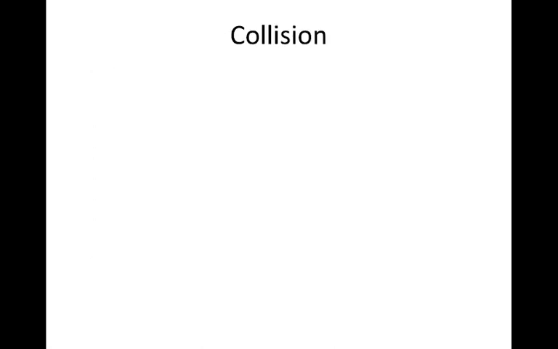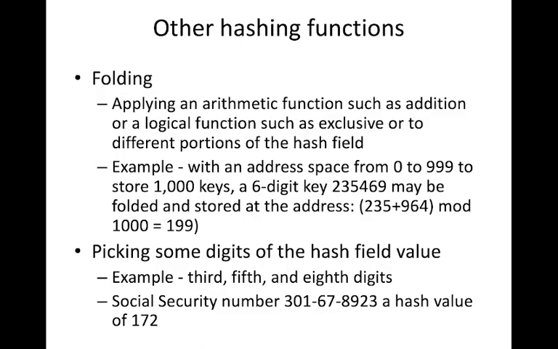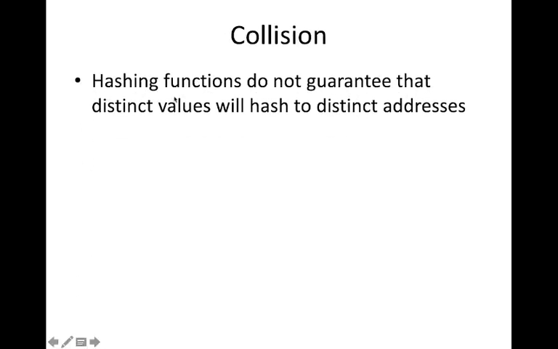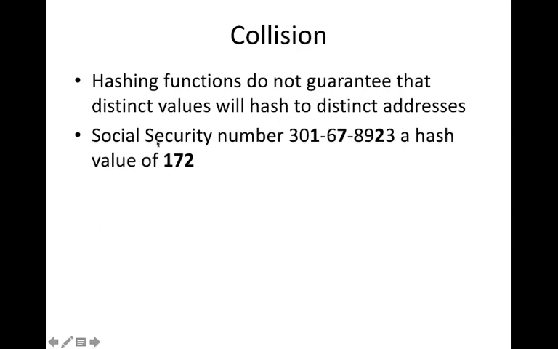Then in all these cases, collision can occur. So there is a possibility of collision. What is this collision? Collision means hashing functions do not guarantee that distinct values will hash to distinct addresses. For example, in the previous example, with the social security number, we took the third, fifth and eighth digits and got the hash value 172.